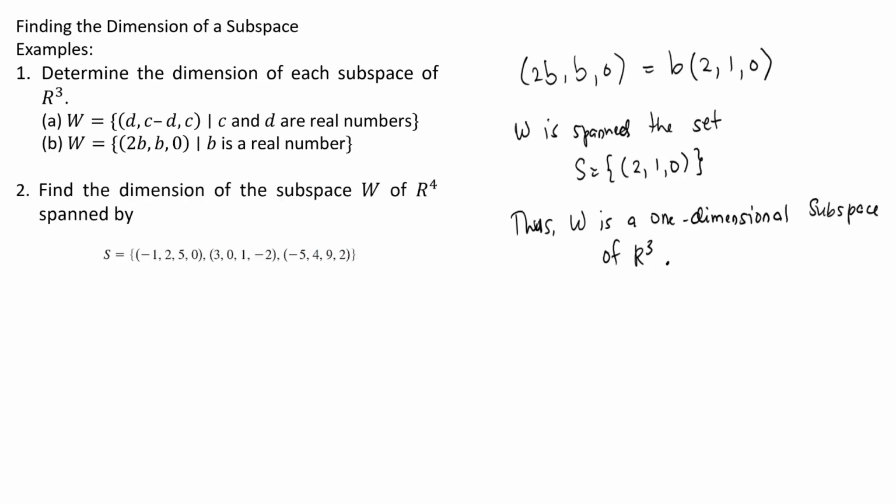Another example: find the dimension of the subspace W of R4 spanned by this given set. Note that even though S spans W, this does not mean that S is a basis for W. We have to check first if S is linearly independent.